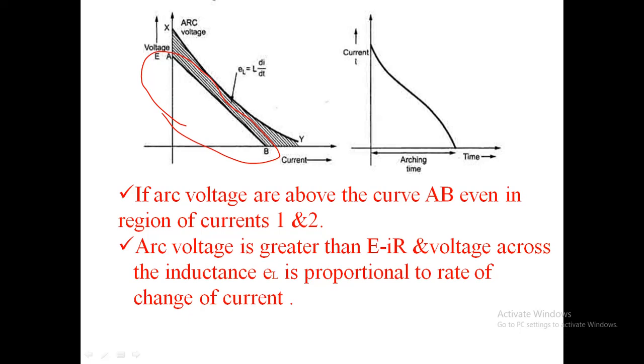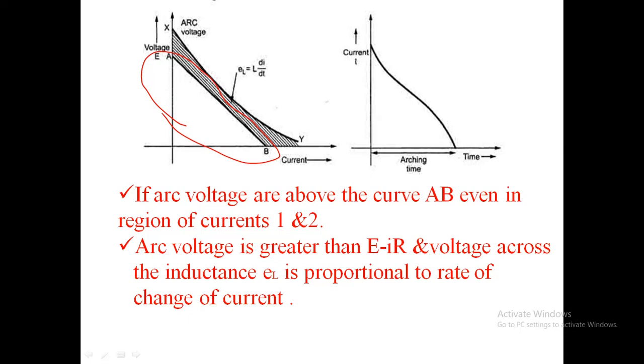The operation of the DC circuit breaker is ideal if the arc voltage characteristic lies above the curve AB, even in the region of currents I1 and I2.